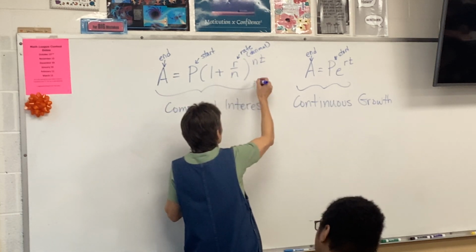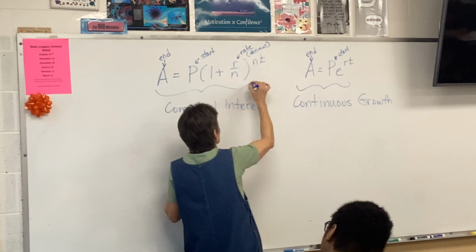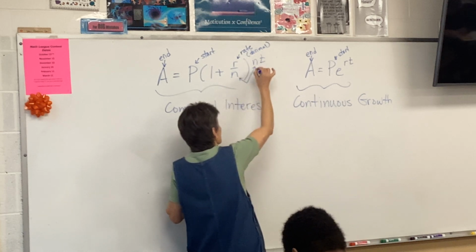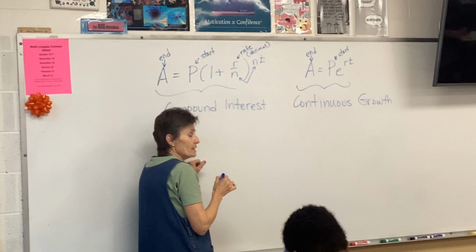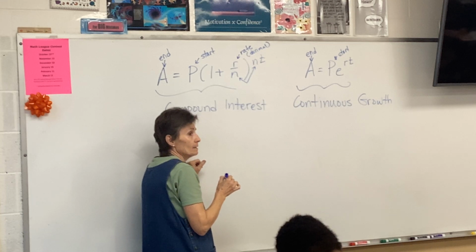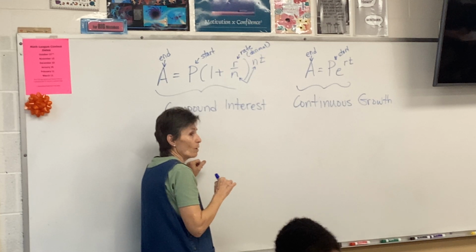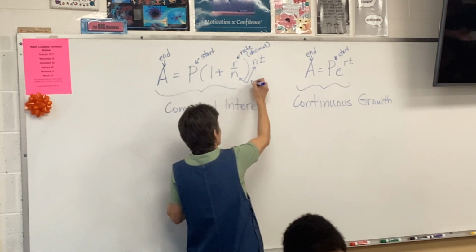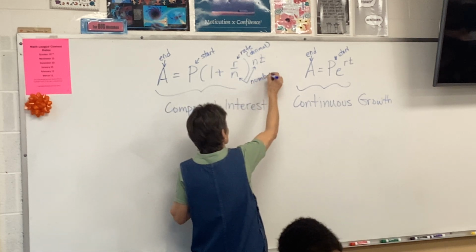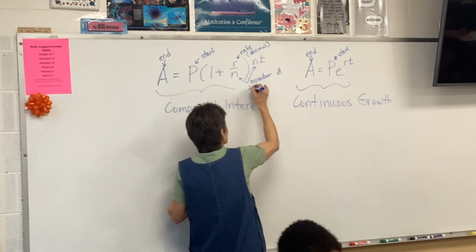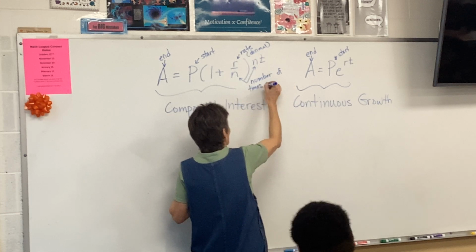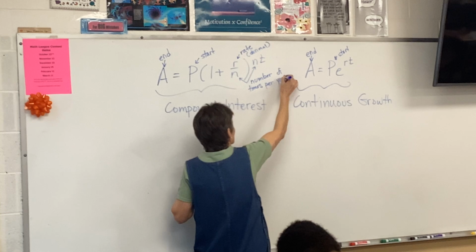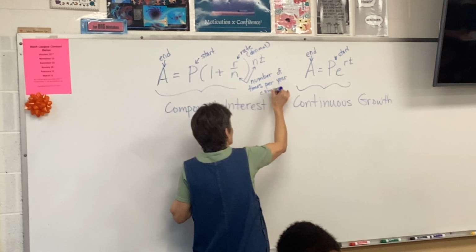We have 2 N's, and they are the same. Anytime you have a formula, if the same letter is in there twice, it has the same meaning. N is the number of times per year that you compound.